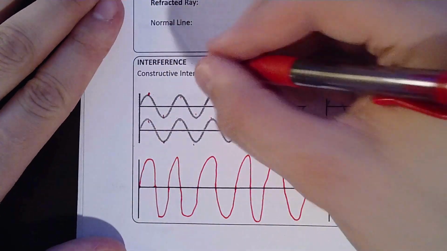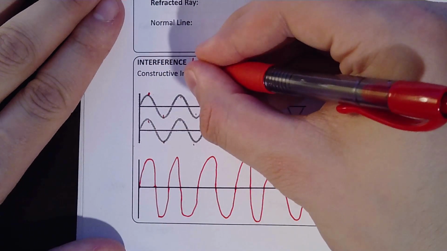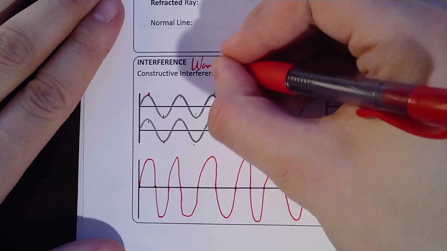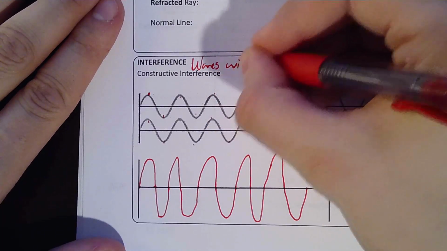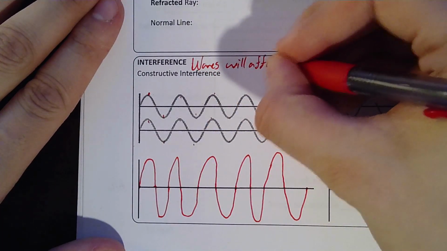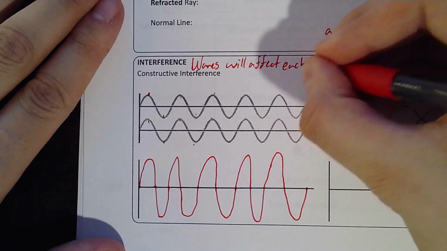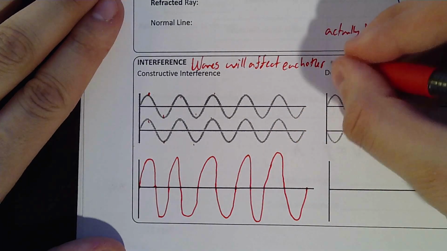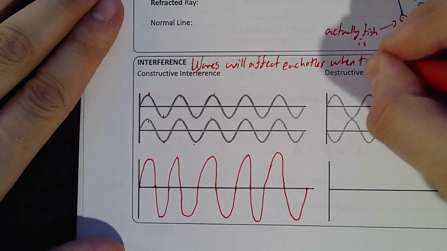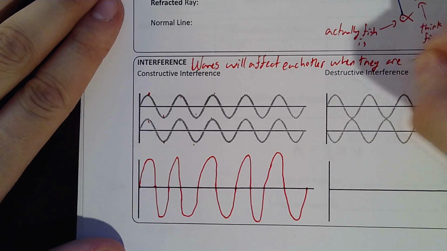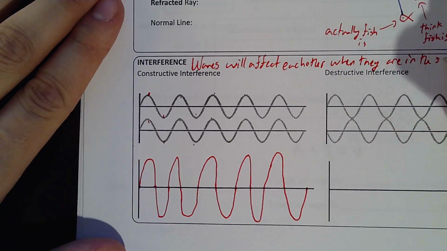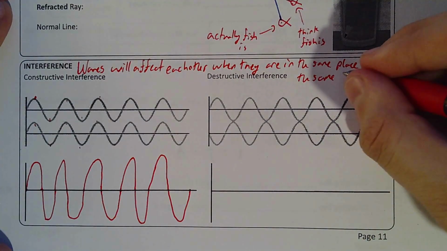Let's formally define interference. It's that waves will affect each other when they are in the same place at the same time.